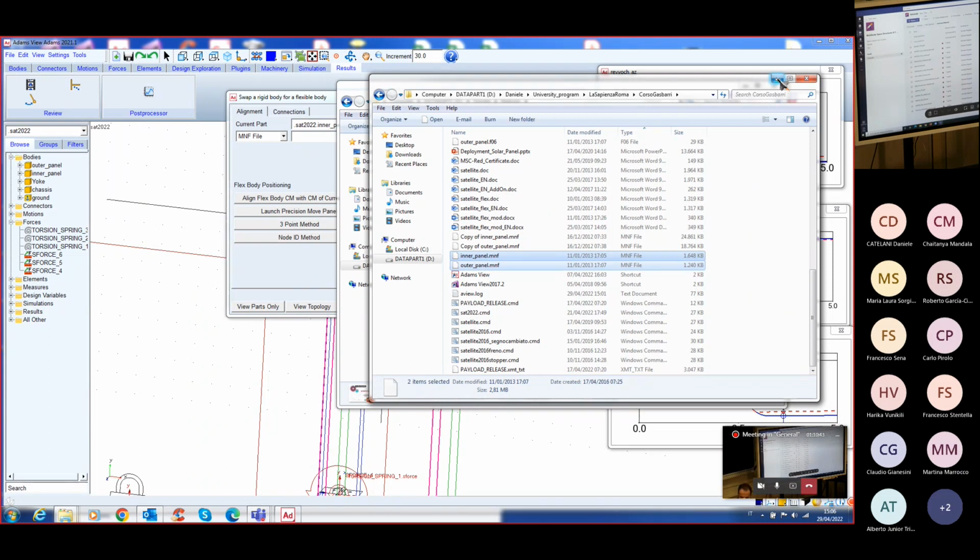Okay, now the two files that Daniele Cataliani gave me are present in the MSc seminar lecture materials folders in Microsoft Teams.